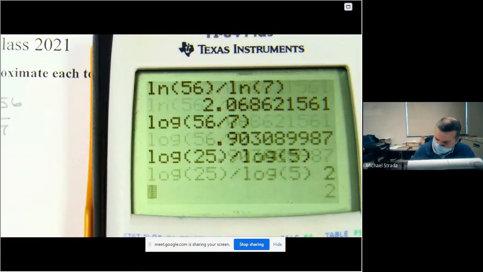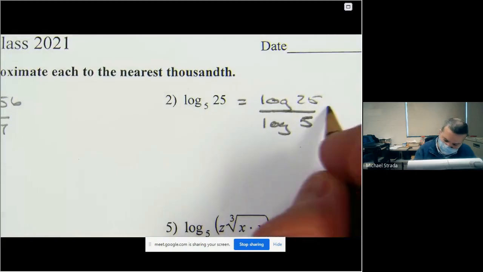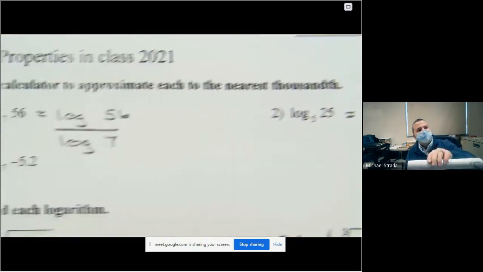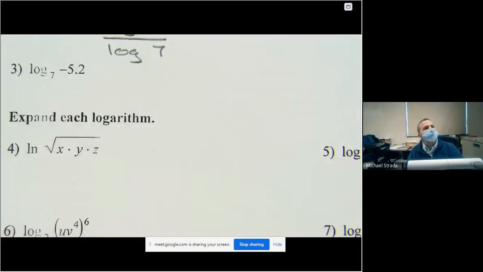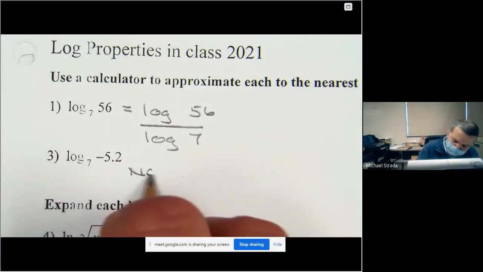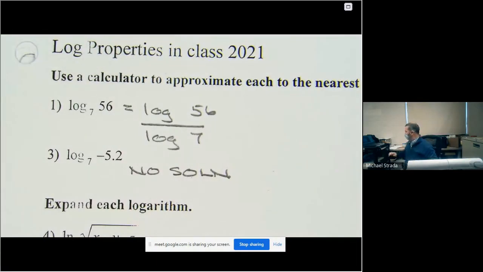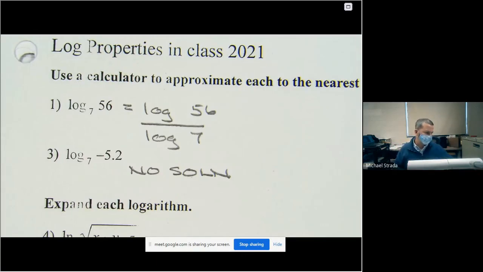The same one you got by doing it by hand. Don't forget, no matter what it is, if you get a negative number, you have no solution. And that's all change of base involves.